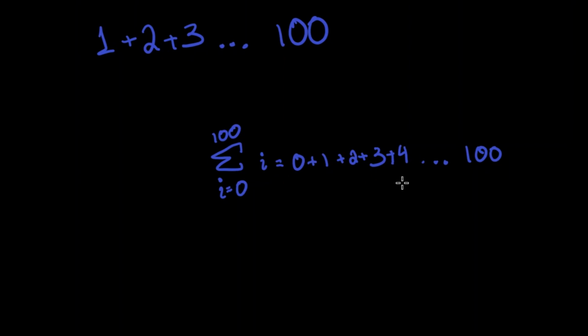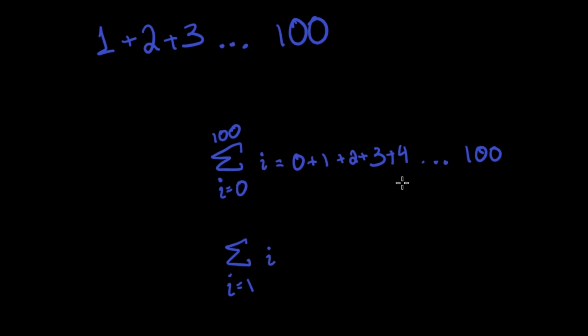However, you could also represent this differently by just changing the index at the bottom of the sigma notation. So rather than starting from zero, you can start from one, and then we can still do i.